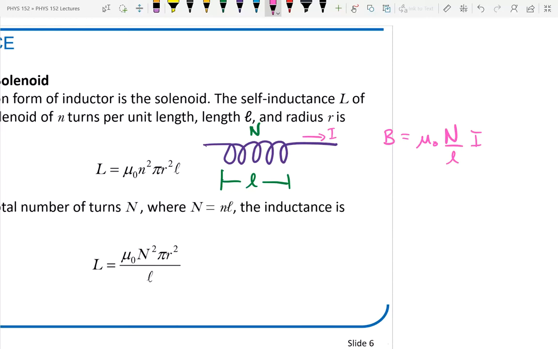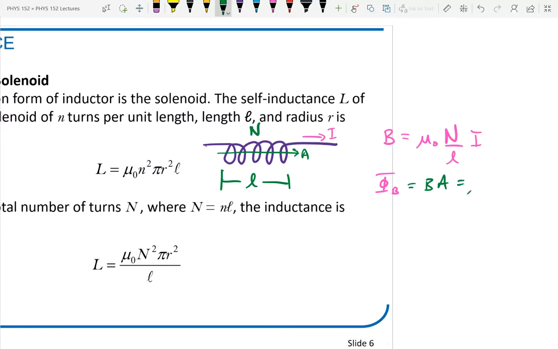Well, if that's the magnetic field, then the flux, your area is like this. And the magnetic field produced is going to be in the same direction. So the flux is going to be B times A because they're parallel to each other.